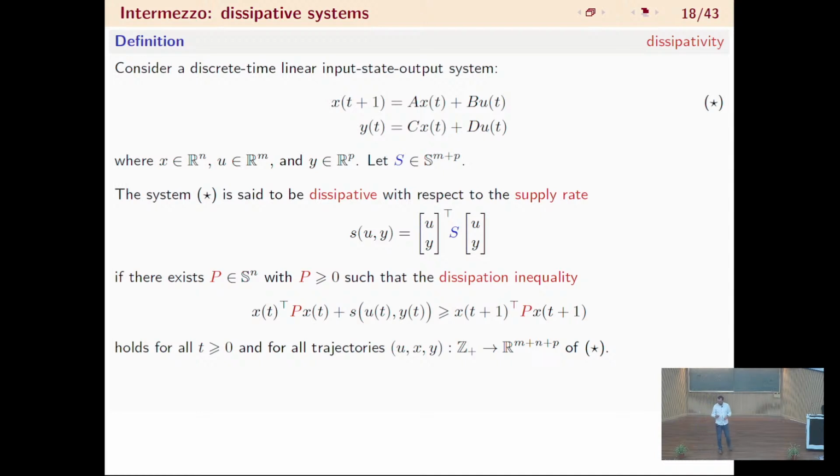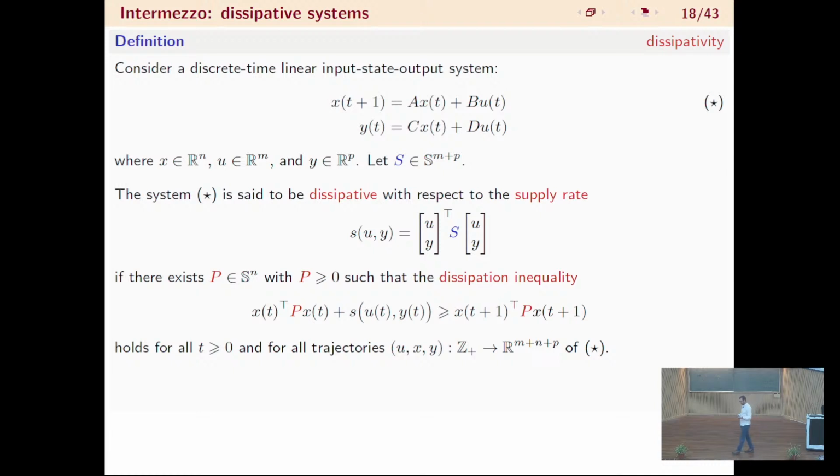And indeed, there is a historical background to dissipative systems. It all started from circuit theory.